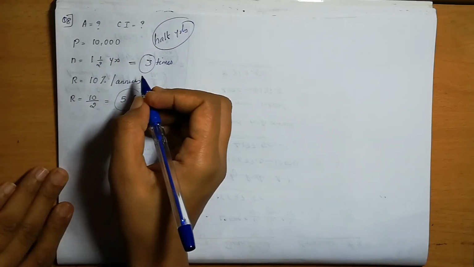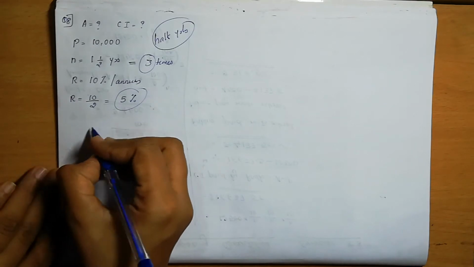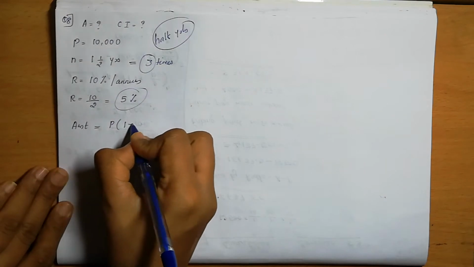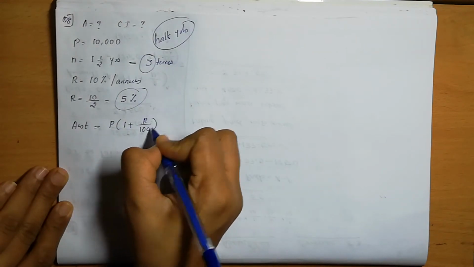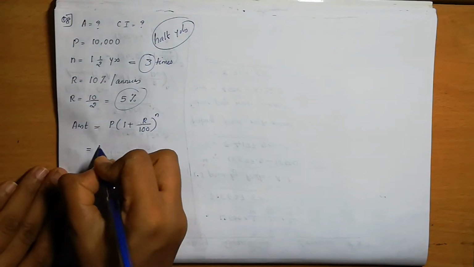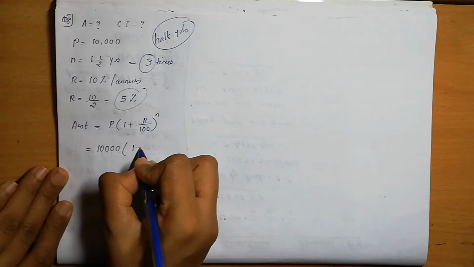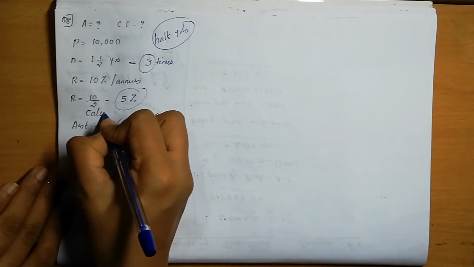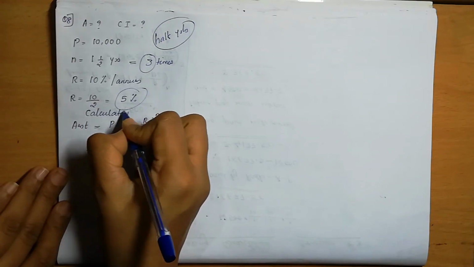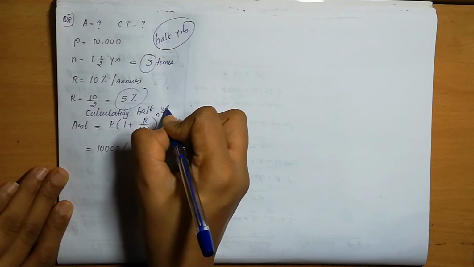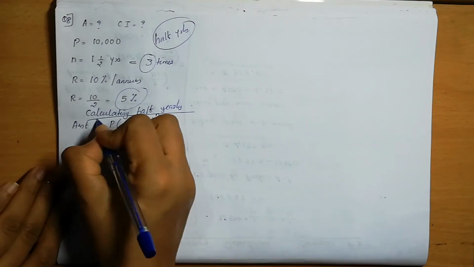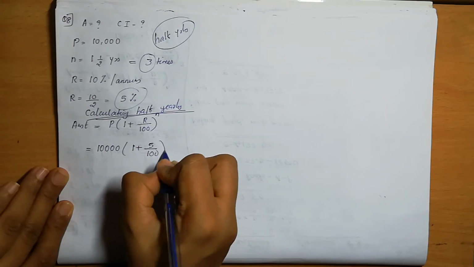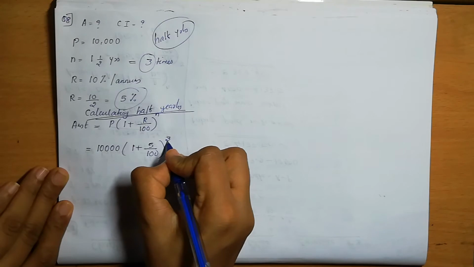Amount calculating half yearly only, right? So amount is equal to P into 1 plus R by 100 raised to N. That is equal to P is 10,000 into 1 plus rate we need to take 5%, because here we are doing the calculation half yearly, so we need to take R as 5. 5 by 100 power N. N is how many times interest is calculating? 3 times.